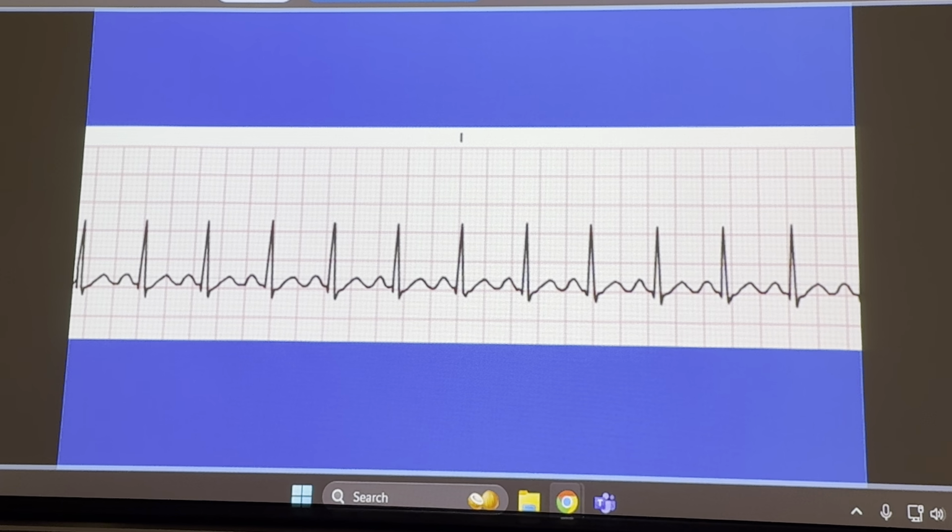So what am I going to do with this? Treat the underlying cause. Okay. Initially, is there anything else I can do? How am I going to slow this thing down? Any kind of medications I could give? Some beta blockers, right?